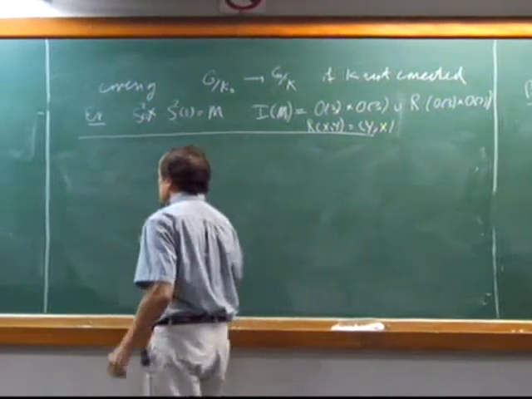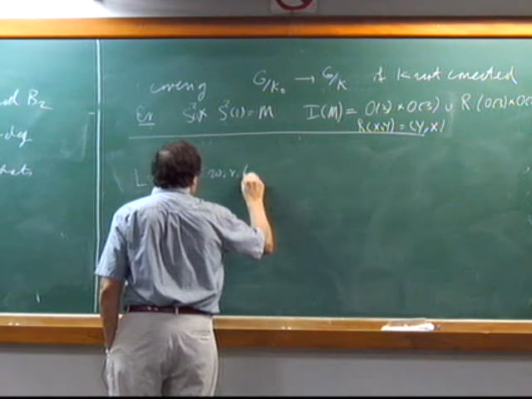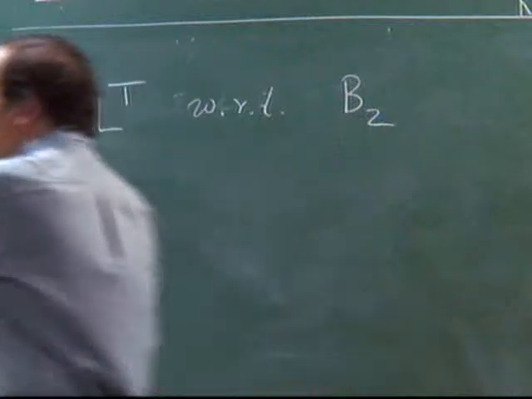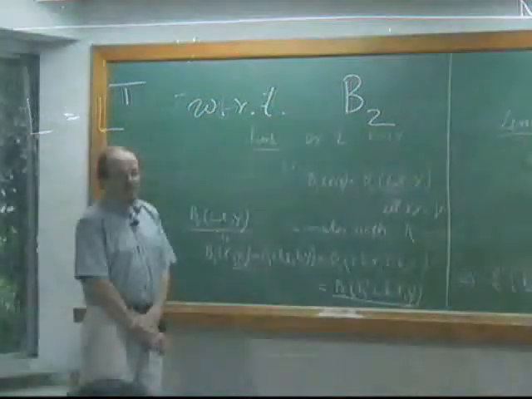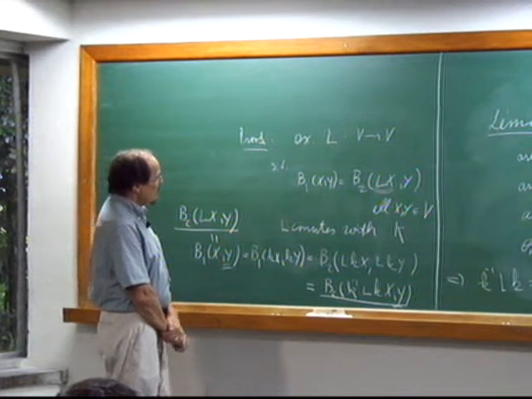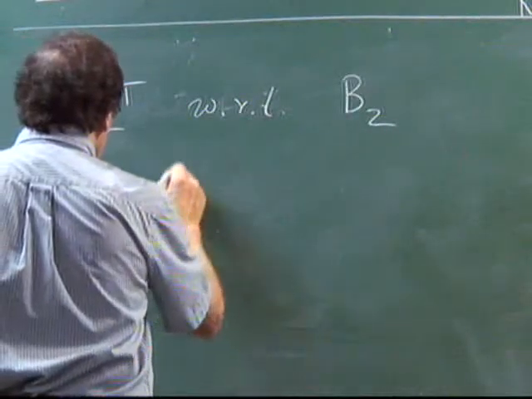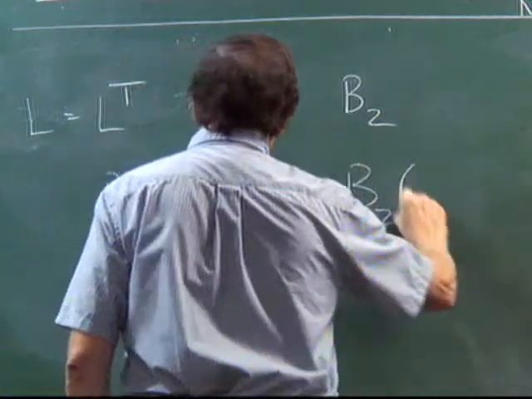So the next observation is I claim L is symmetric with respect to B2. One thing I haven't used is that these are symmetric bilinear forms. Otherwise, it's not true either. So why is L symmetric? I claim that B2 of Lx, y should be B2 of x, Ly.